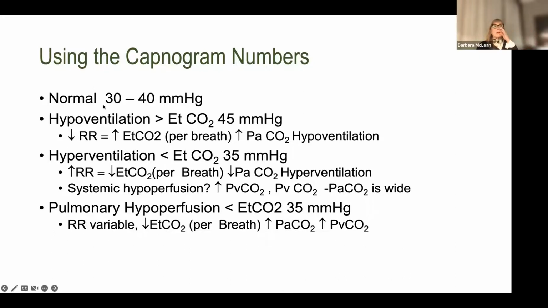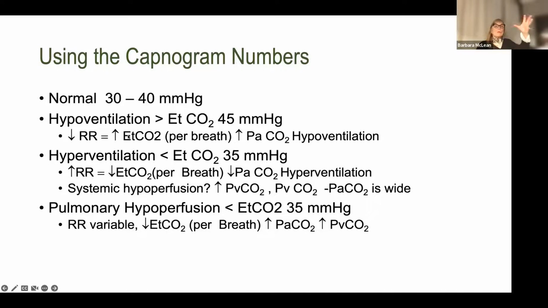I don't really care. Patients who are hypoventilated take a long time to breathe their gas out, so they're eliminating a fair amount of CO2 in that time period, and the CO2 is a volumetric measure. When they are hypoventilating, their end-tidal CO2 is typically greater than 45. They have a decreased respiratory rate and increased end-tidal per breath.